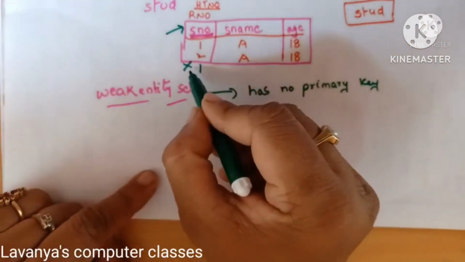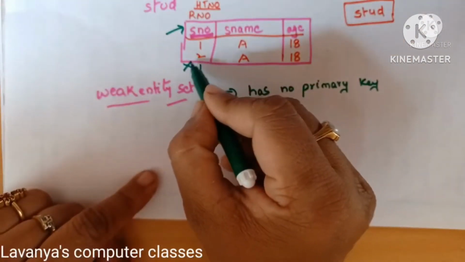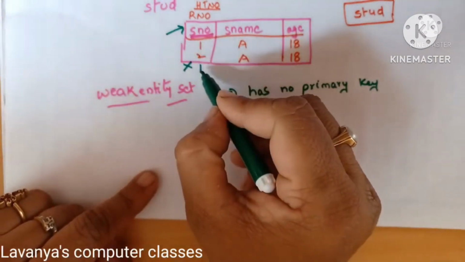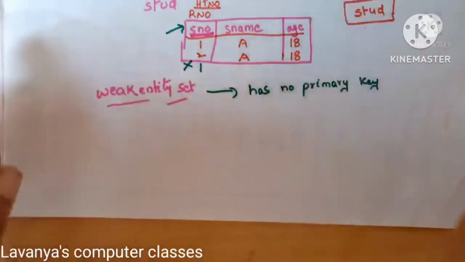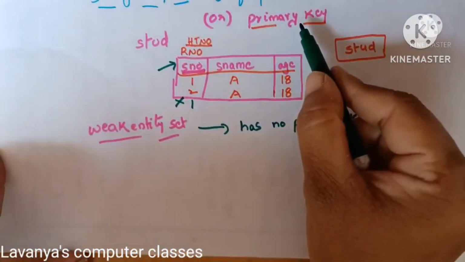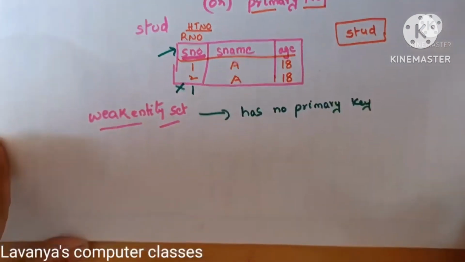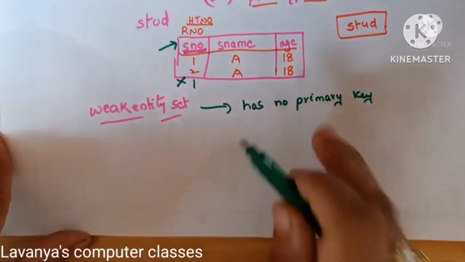Because the serial number is a primary key, it does not accept duplicate values, since 1 is already used. That is the concept of a primary key. So any entity set that has a primary key is called a strong entity set. A weak entity set has no primary key.